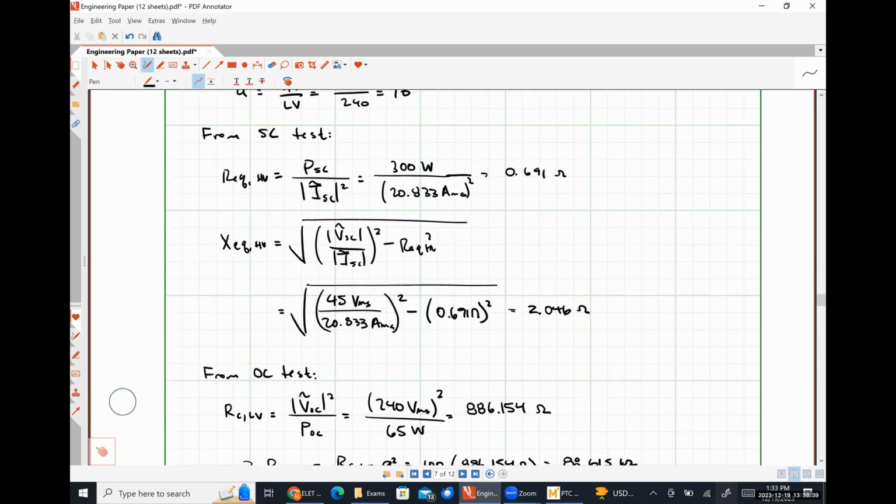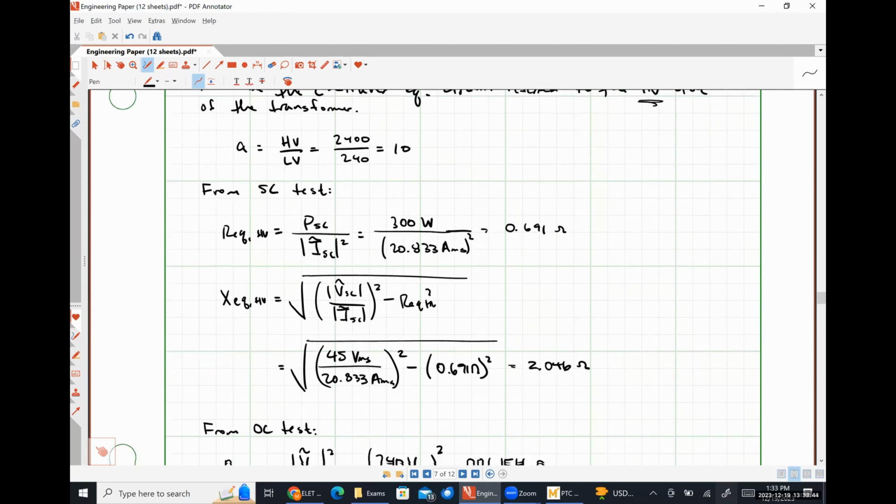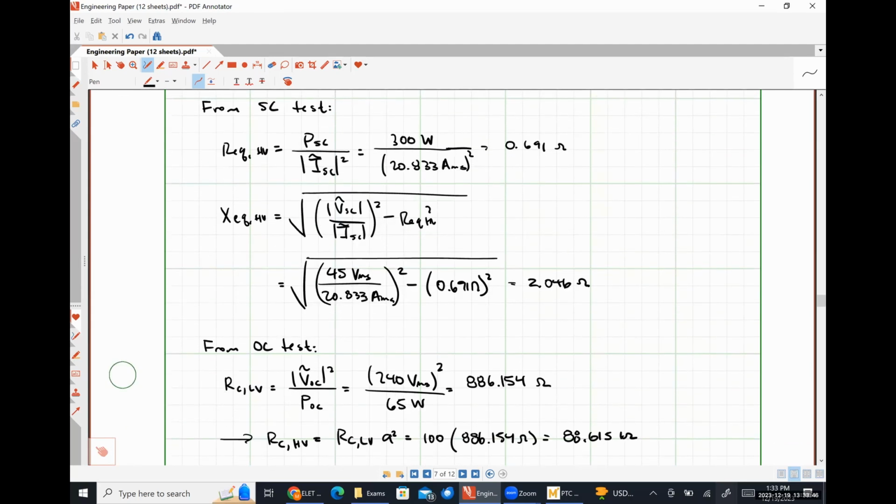And let's go up here: 0.691 ohms in series with J 2.046 ohms.